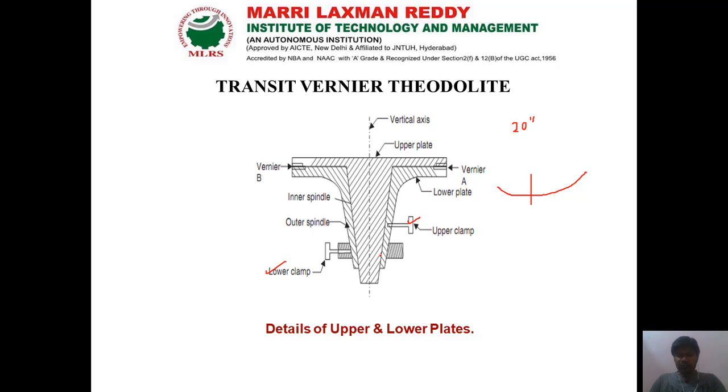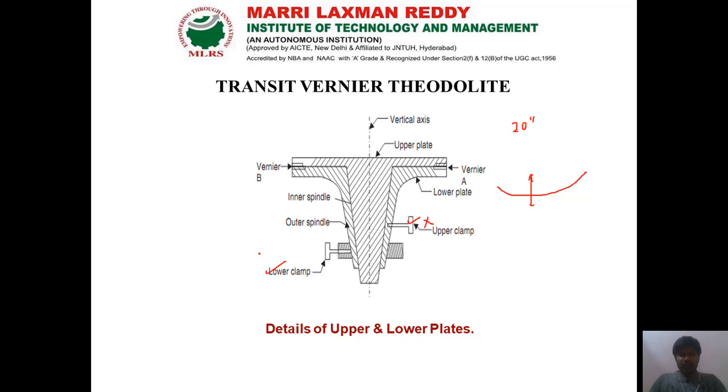With the lower clamp loosened and the upper clamp tight, I can rotate my instrument about the vertical axis in the horizontal plane so that the readings of the verniers do not change.